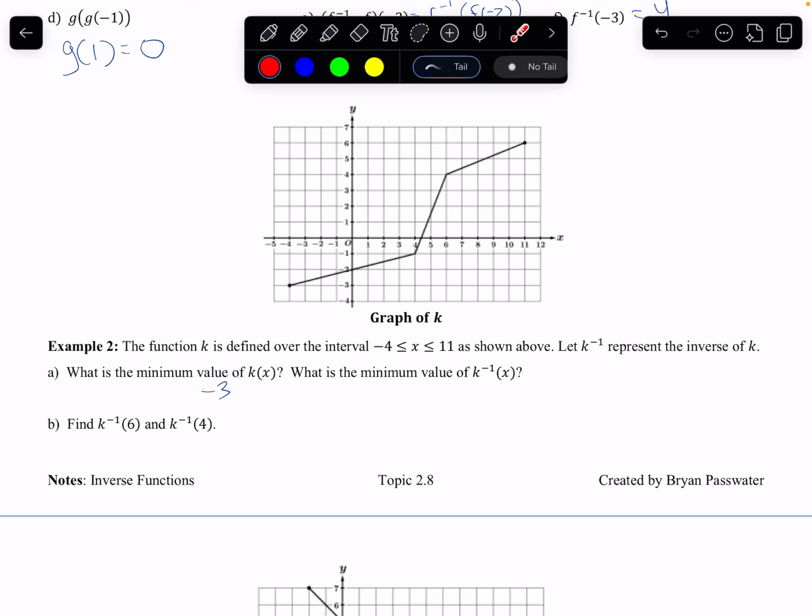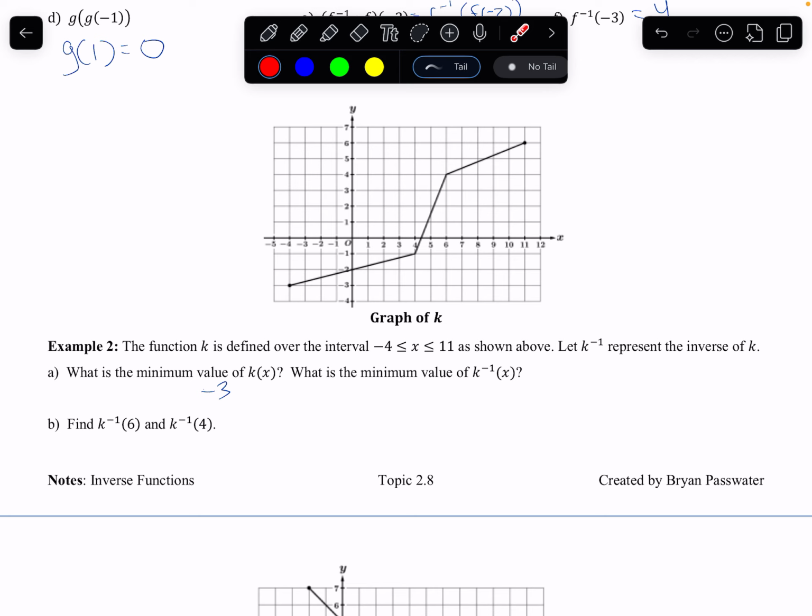And then it says, well, what's the minimum value of the inverse of k? Remember, with the inverses, the x's and the y's are flipped.